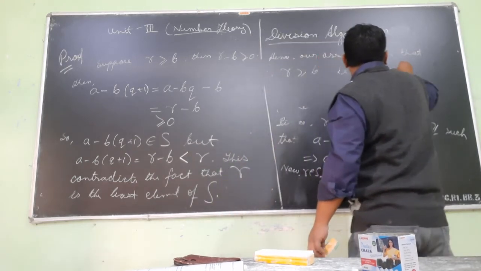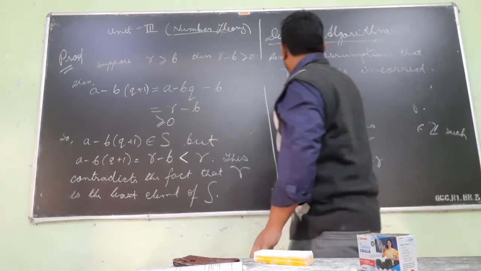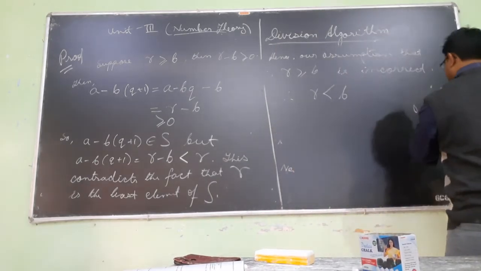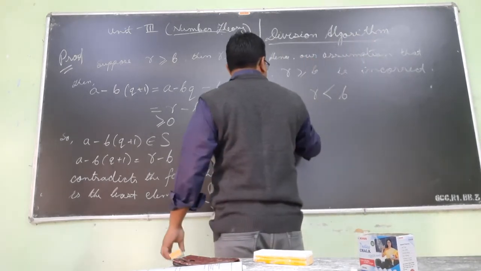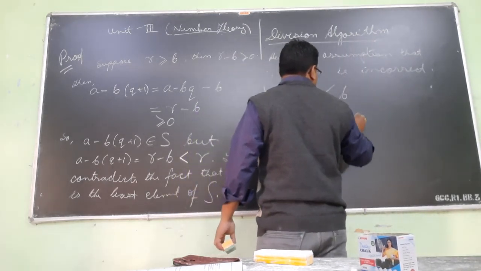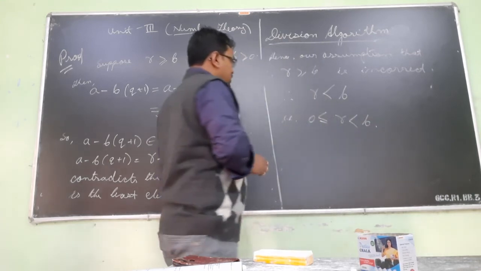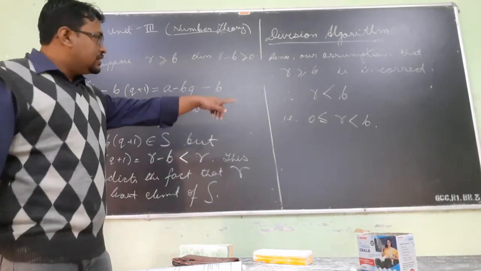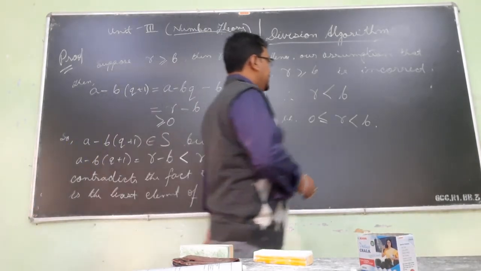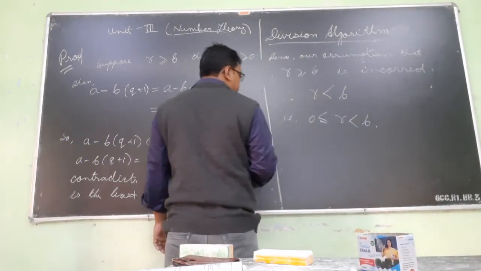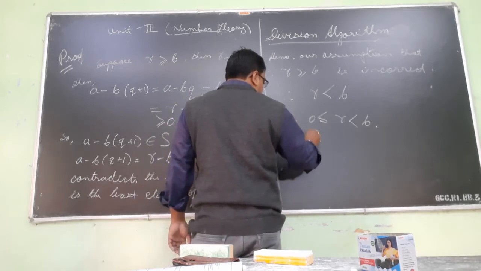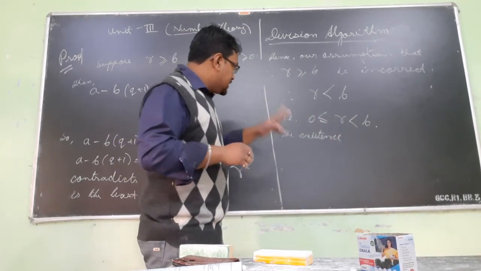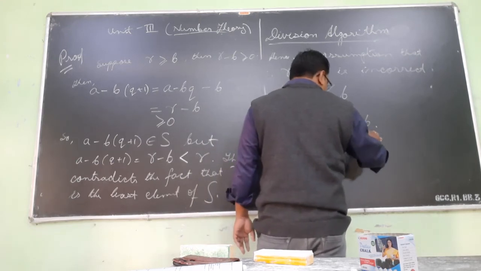Therefore, R should be strictly less than B, that is, 0 less than or equal to R less than B. So we have seen that this inequality is also satisfied, and A can be written as BQ plus R. So we have proved the existence part, that is, the existence of two integers Q and R which satisfy this.